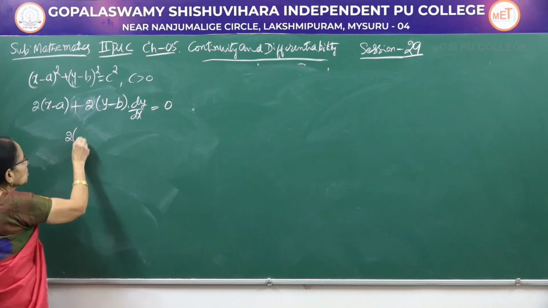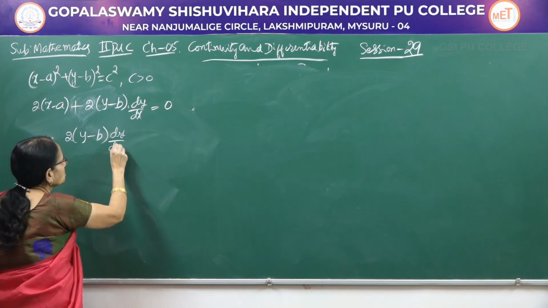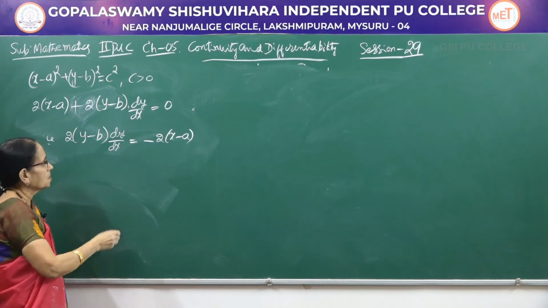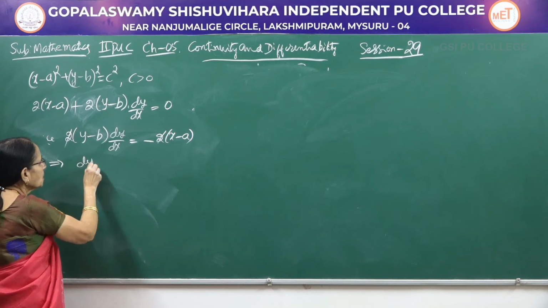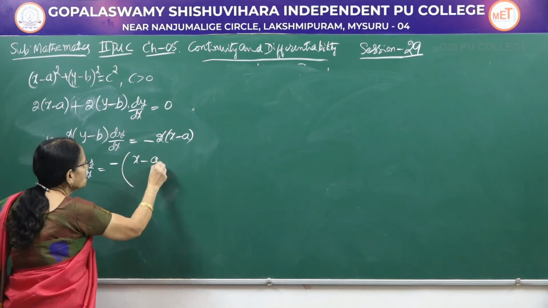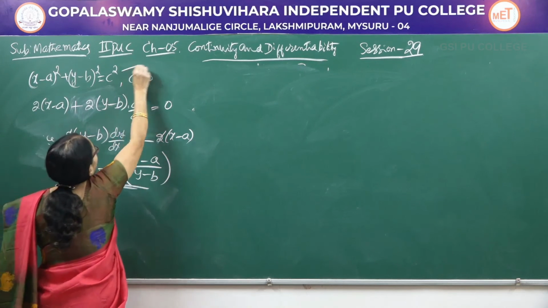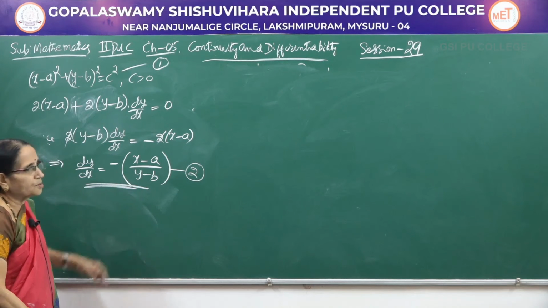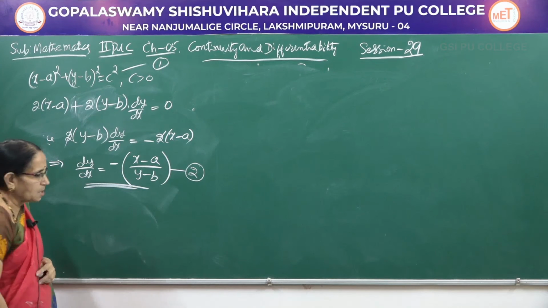Therefore, we have 2 into y minus b into dy by dx equal to minus 2 into x minus a, and 2 can be cancelled, which implies that dy by dx is equal to minus of x minus a over y minus b. Okay. Now, give this a number, 1, and you can take it as 2, because we need these results afterwards. So, dy by dx is minus of x minus a over y minus b.